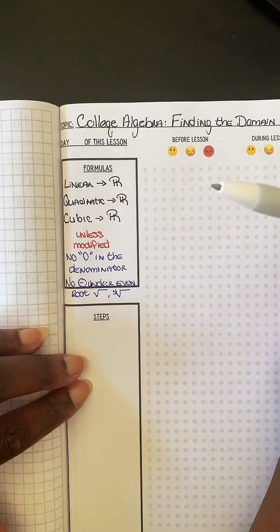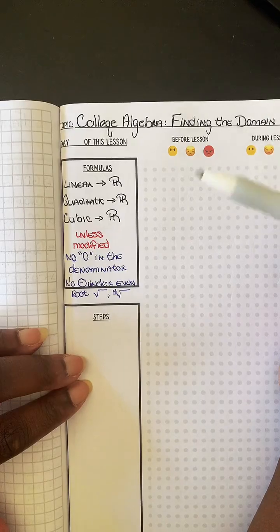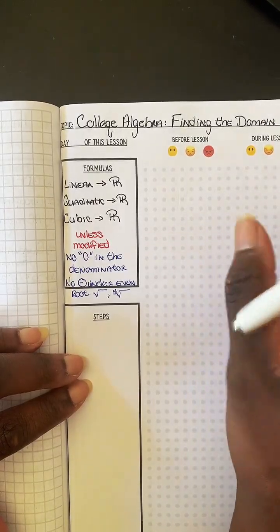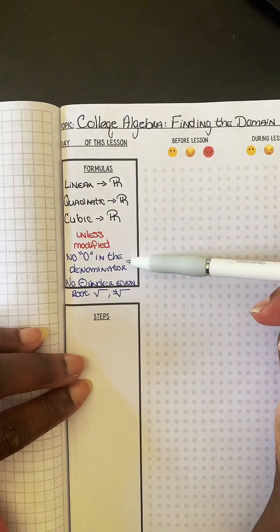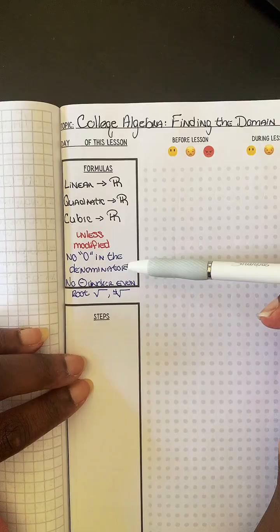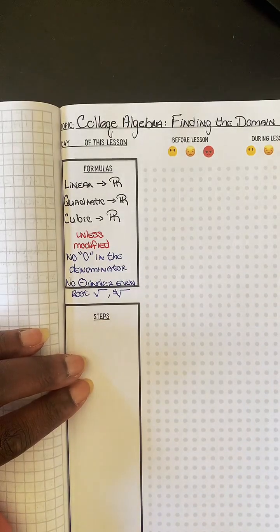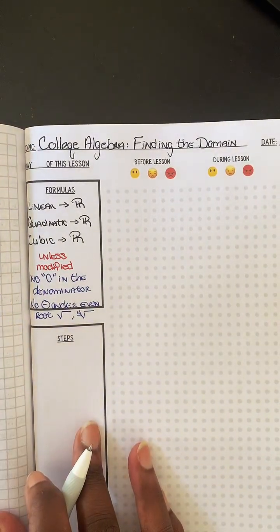But if they start modifying it, making it into a radical, making it into a ratio, putting the radicand underneath, any kind of twist and turn, what you're basically trying to do is not have your denominator equal 0. So what is that number? What is that expression that is going to make your denominator equal to 0? Okay, so that's what we're looking at. So let's take a look at a couple examples.